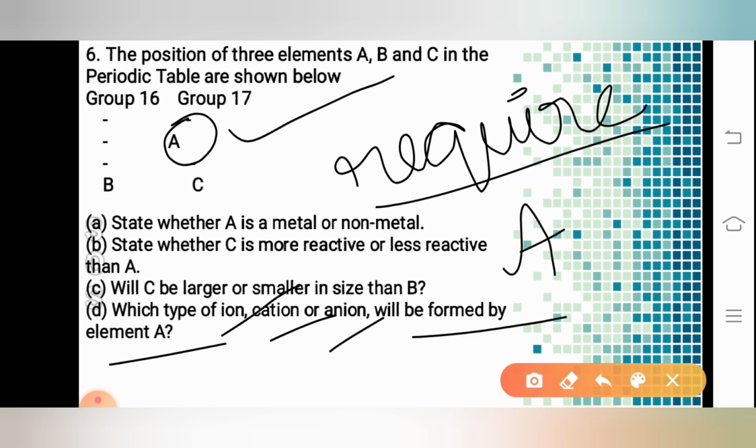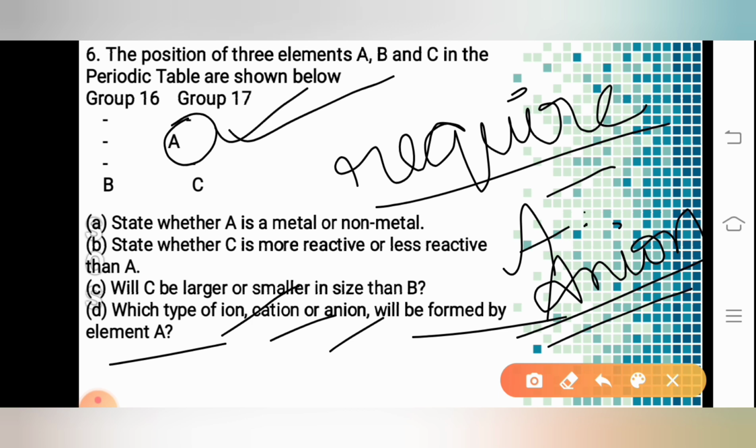And A becomes A minus, that is nothing but an anion, which is negatively charged. Clear? So which type of ion, a cation or anion, will be formed by element A? It will form an anion because it takes electrons from the other element instead of donating. Clear?